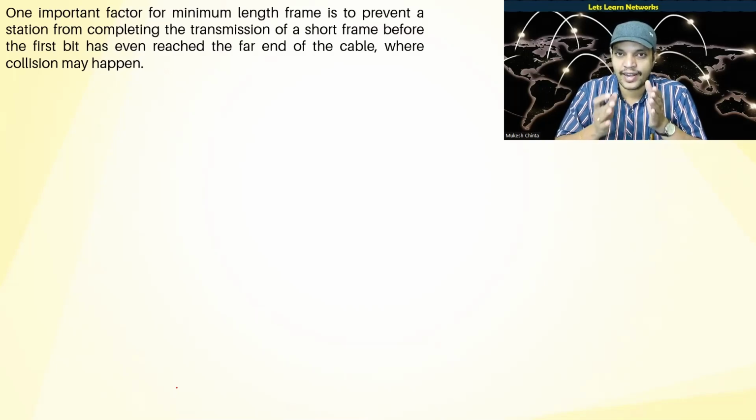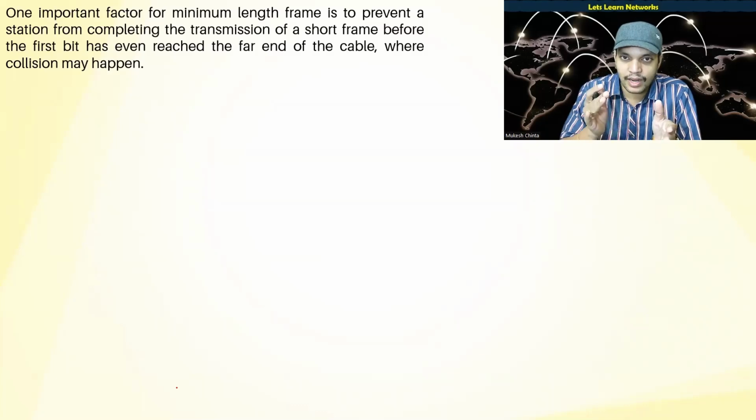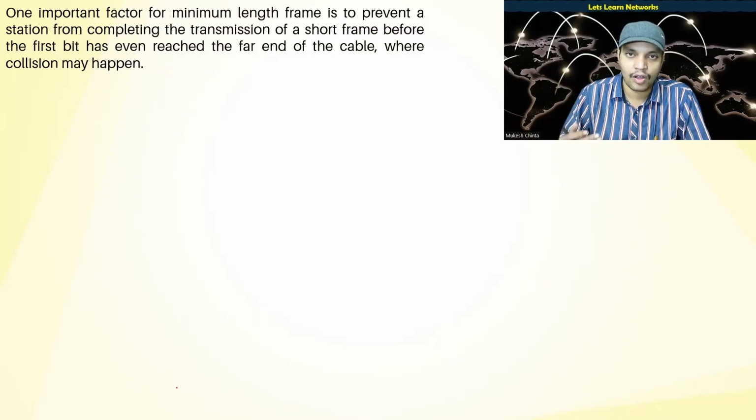So whenever a station is transmitting data, it has to keep listening to the medium. If it is transmitting something and it hears something else, it will automatically assume that a collision has happened, right? Then it will abruptly stop the transmission. It will do some backoff mechanism, and then it will retry or retransmit after some time, right?